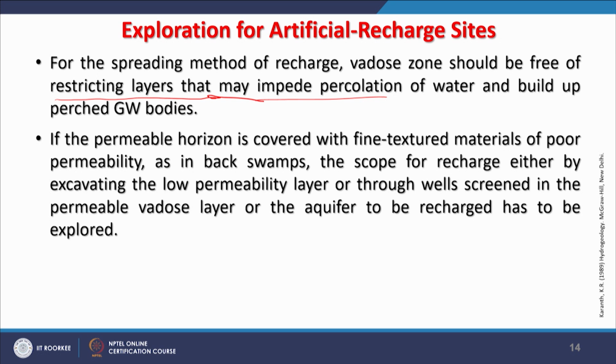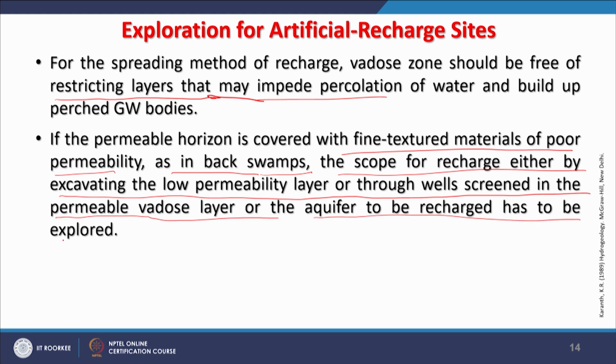If the permeable horizon is covered with fine textured material of poor permeability, as in back swamps, the scope of recharge either by excavating the low permeability layer or through wells in the permeable vadose zone or aquifer to be recharged has to be explored.